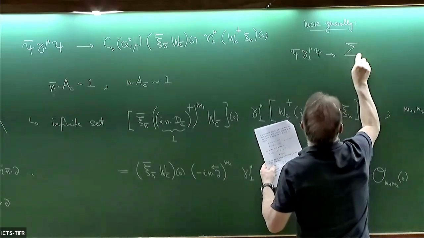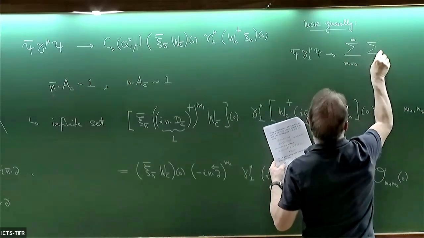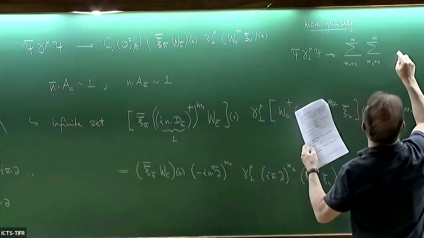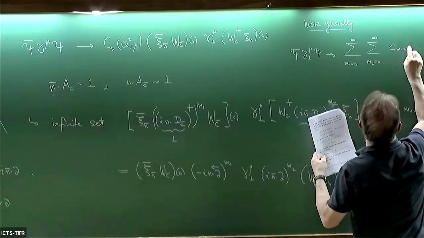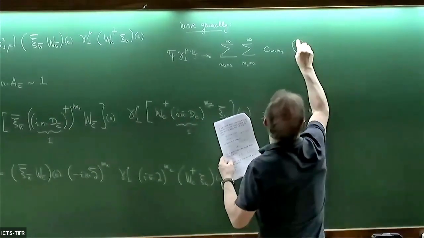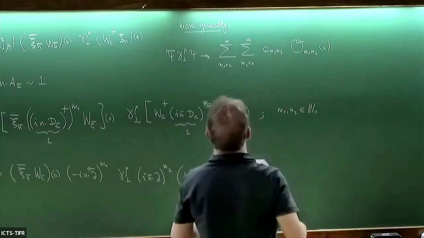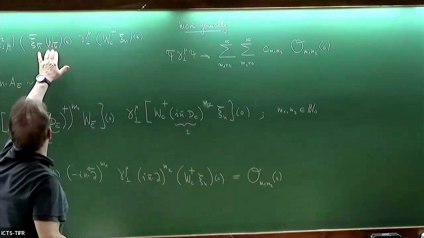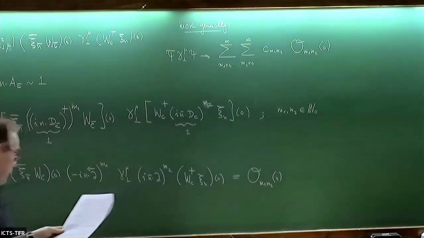We should allow an infinite sum over M1 and M2, 0 to infinity, with some matching coefficients, let me call them little c, M1, M2, times this operator. The term where both indices are 0 is this operator, but more generally, this is the matching relation that we should have written.